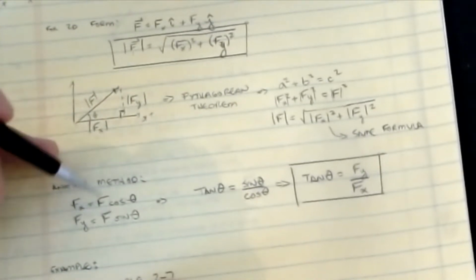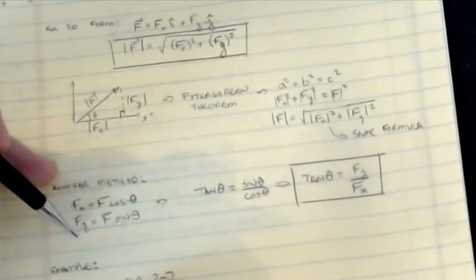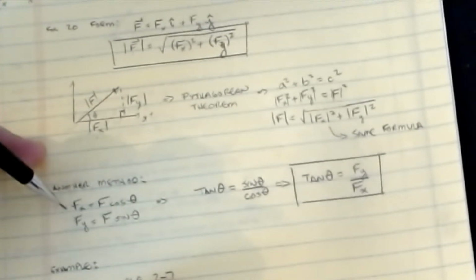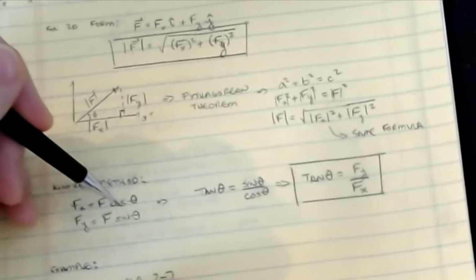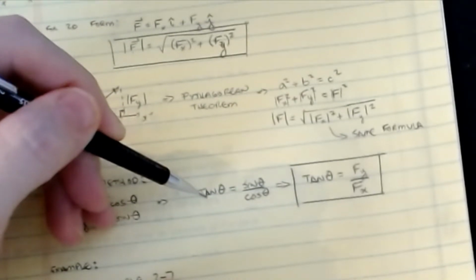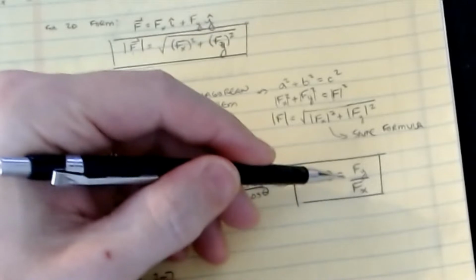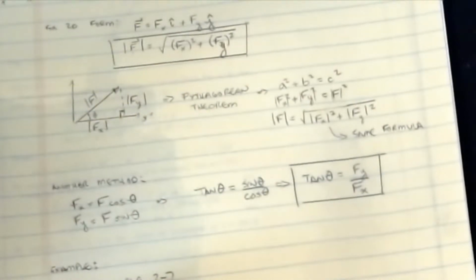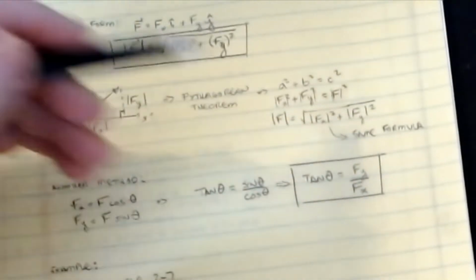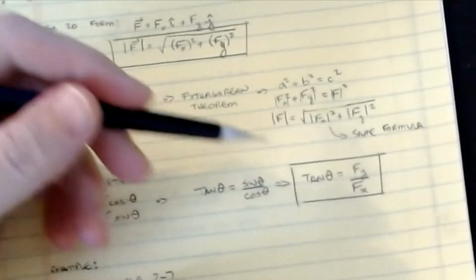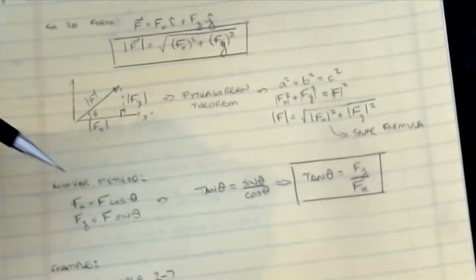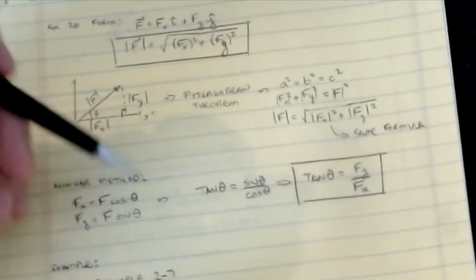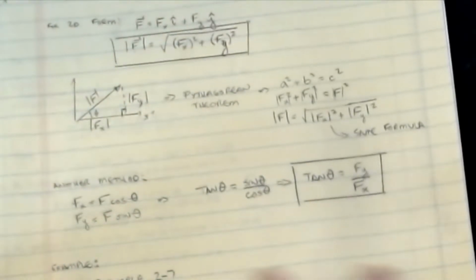So if I take the bottom one and divide it by the top one, sine of theta over cosine of theta gets me tangent of theta. Then the tangent of theta is equal to Fy over Fx. I now can back out what that direction is just by doing a little bit of trigonometry. And so that's kind of the basics of where we're going with all of this.